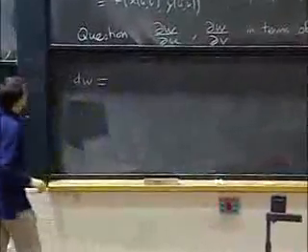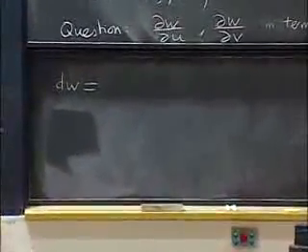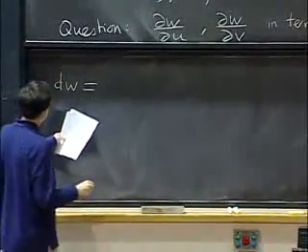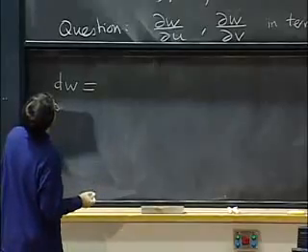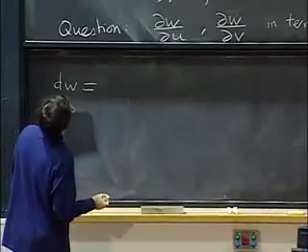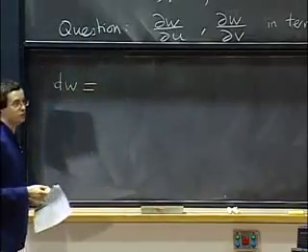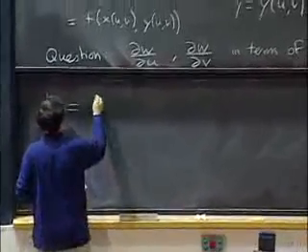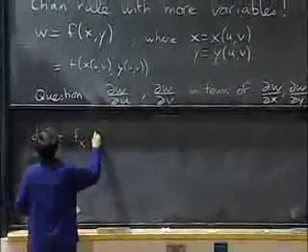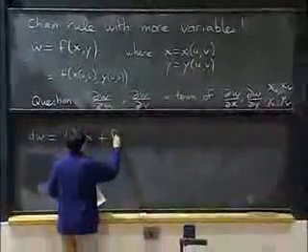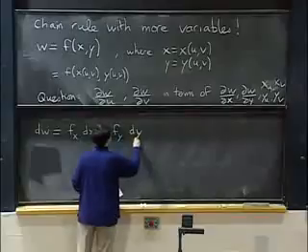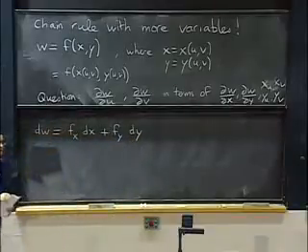So let's start by writing dw. So we know that dw is partial f, well, I don't know why I have two names, w and f. I mean, w and f are really the same thing here, but let's say f sub x dx plus f sub y dy. Okay, so far that's our new friend, the differential.